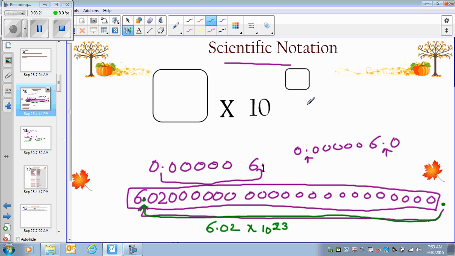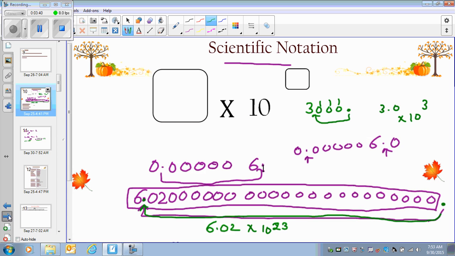So if I have 3000, my decimal point is here, so you move it right here. You will say 3.0 times 10 to the power 3. 1, 2, 3. You traveled by 3 digits.